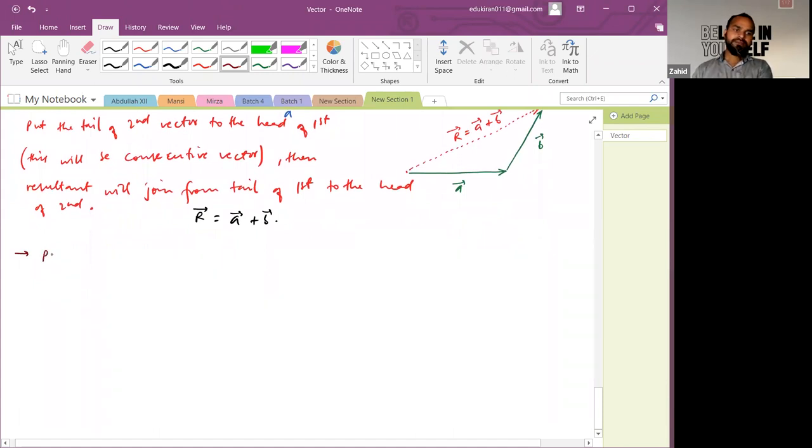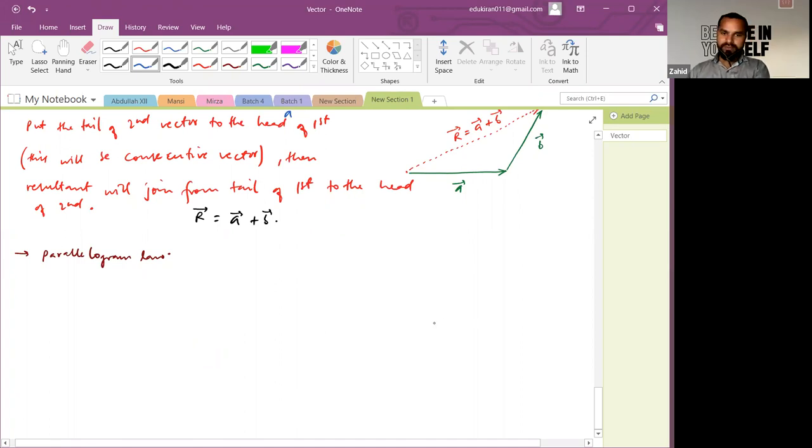Next is parallelogram law. In this part, we have to somehow arrange any two vectors as co-initial vectors or co-terminal vectors.